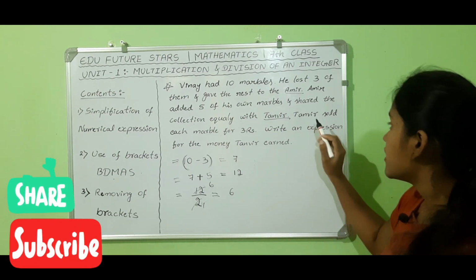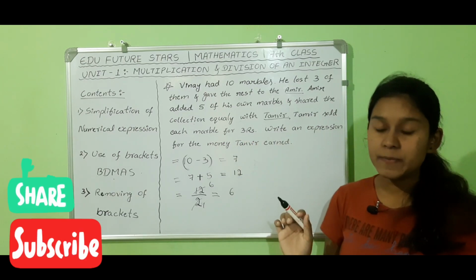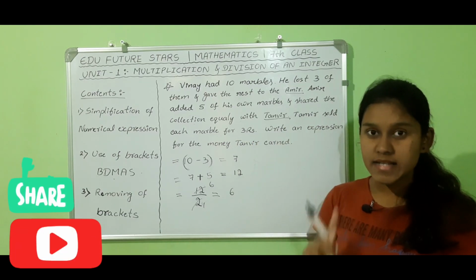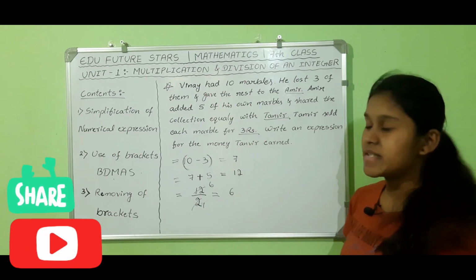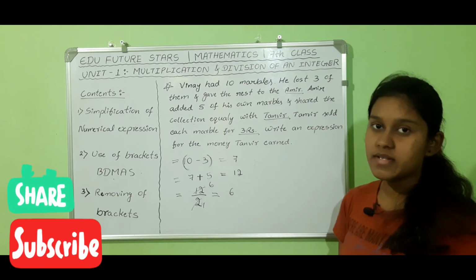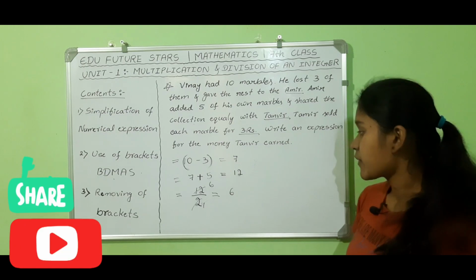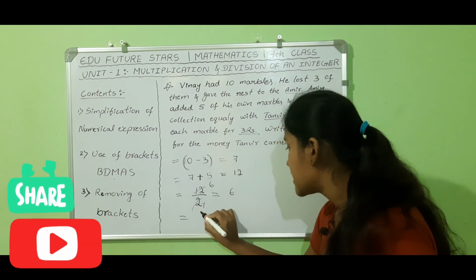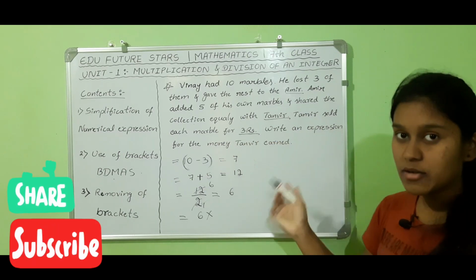Tanvir sold each marble for 3 rupees. He is selling 1 marble at the cost of 3 rupees. We have 6 marbles. Each of them has 6 marbles. 6 marbles, and 1 marble costs 3 rupees.